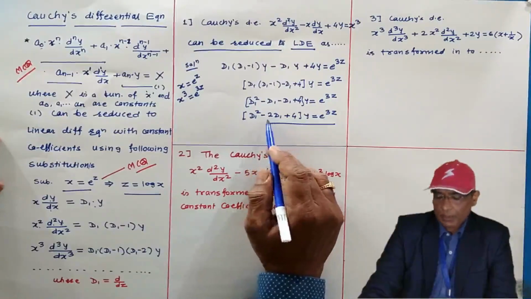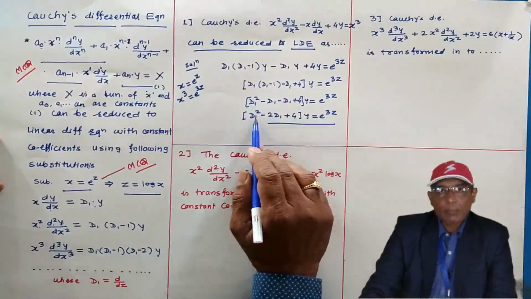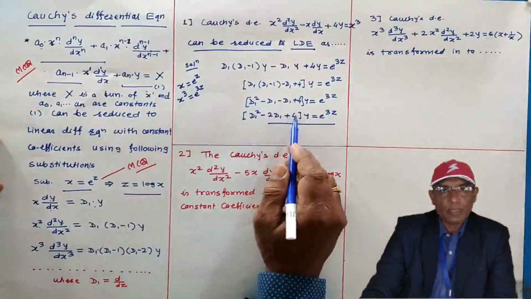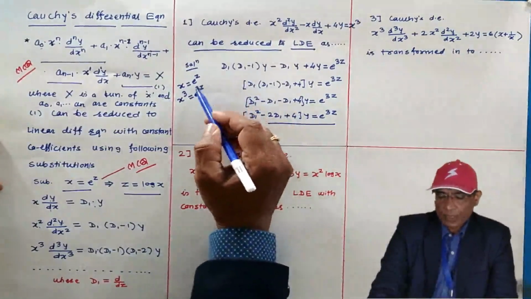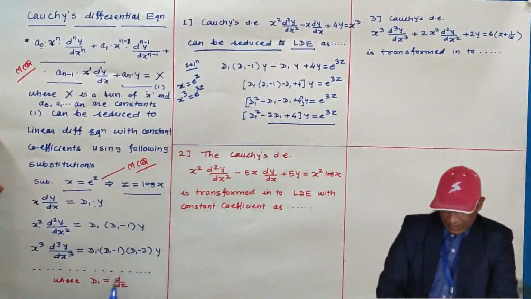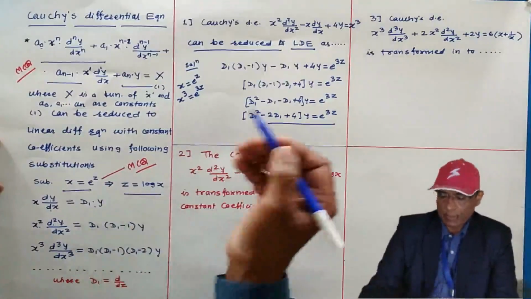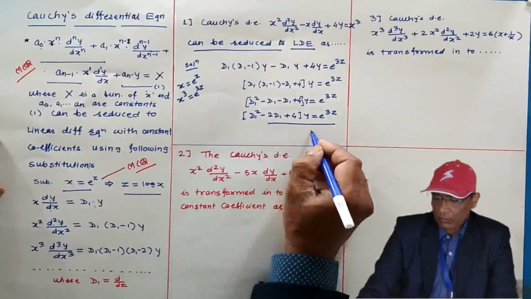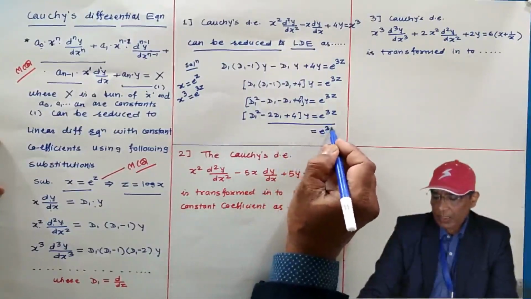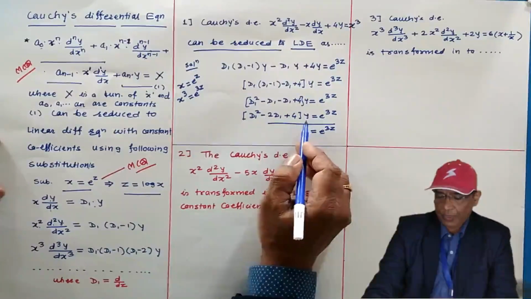So once again I repeat, D1 may be replaced by D also. Many book writers are using d by dz, derivative with respect to z, as D, but I am using here D1. Now e power 3z, this is in terms of D1.